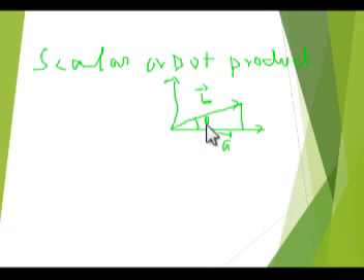So this must be cos theta. This component must be the modulus of vector B times cos theta.